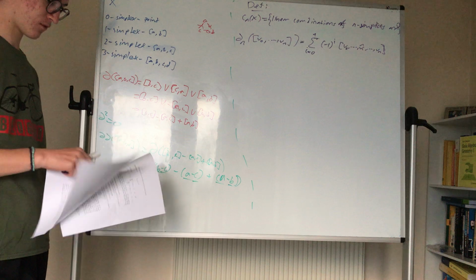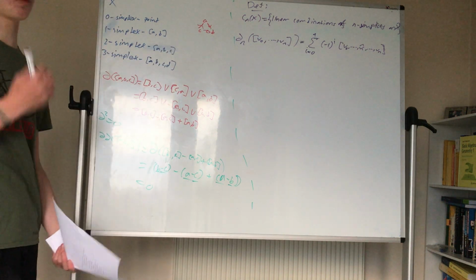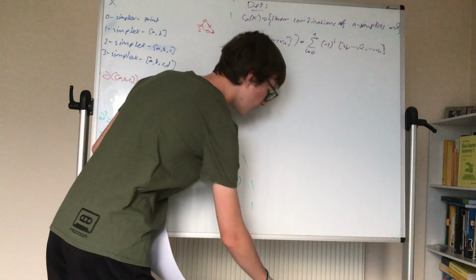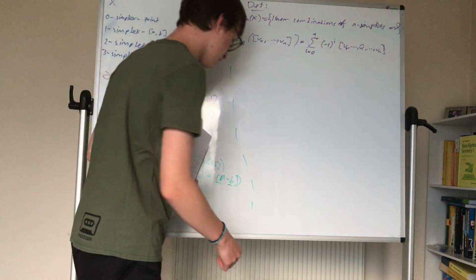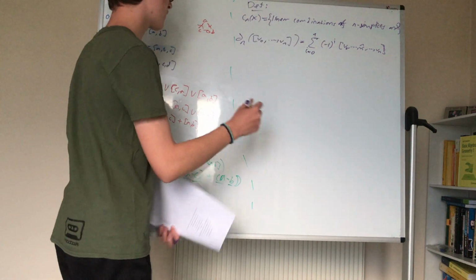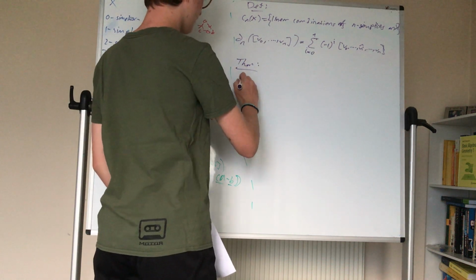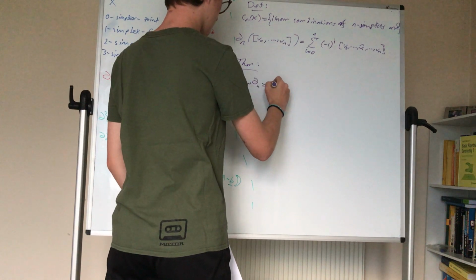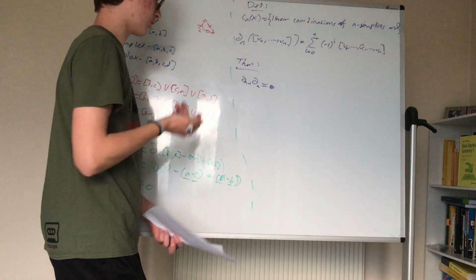Right, now, it remains to show that our boundary operator does indeed square to 0 for general n. Thankfully, this is not too hard to show. Let's go with the purple, I like it. So, theorem. We have that partial n minus 1 times partial n equals 0, for all n, of course.